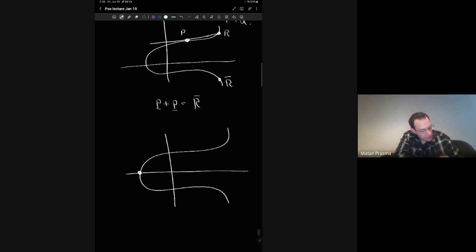So this is now the case. Now I have P, and I want to do P plus P. So to do P plus P, I need to draw the tangent line at P, and I need to look for the intersection of this line with the curve. Technically speaking, it does not intersect the curve in any additional point.